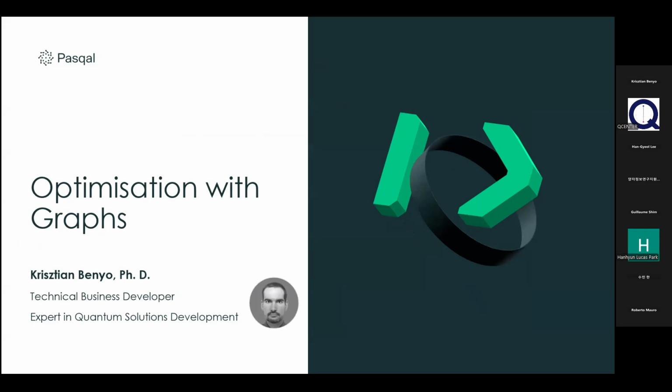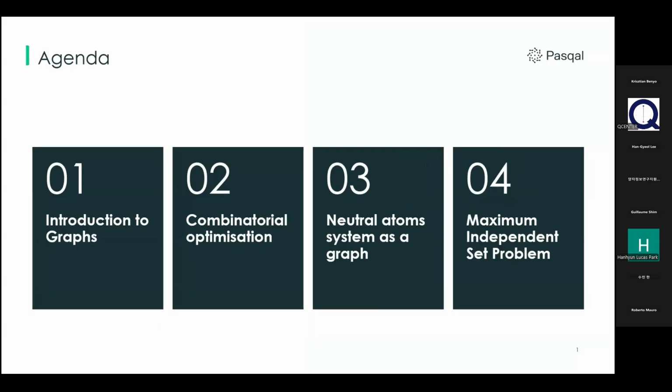So for today's lecture, the plan is to talk a little bit more about optimization type problems, in particular optimization with graphs. And for that, I'm going to start by introducing the concepts about what graphs are, for those of you who are less familiar with this mathematical object.